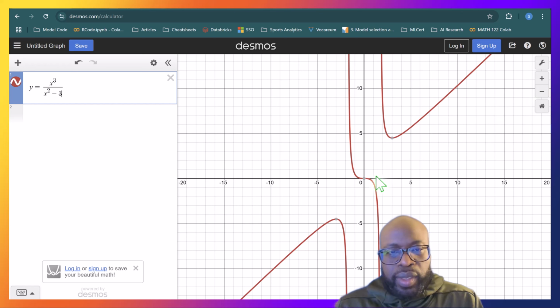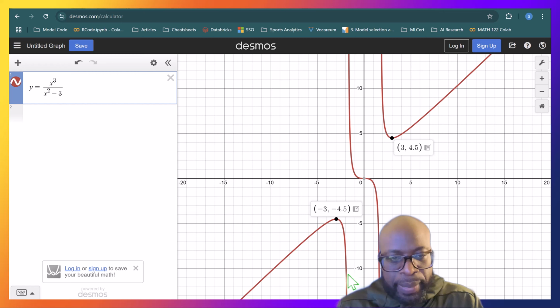Okay. We see here, as we have our local max here, we have our local min here, exactly what we got. As you trace the curve, looks like we're getting closer and closer to negative 1.7, which is our asymptote, but never reaching it. Same thing over here, positive 1.7, never reaching it. We're increasing all the way to negative 3.